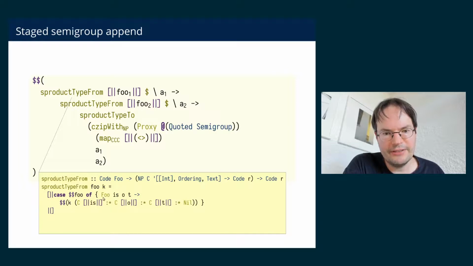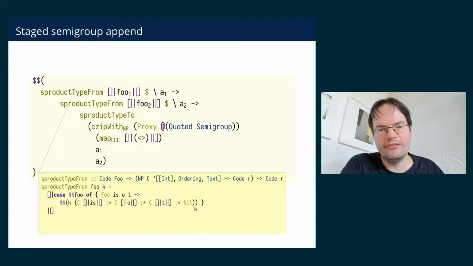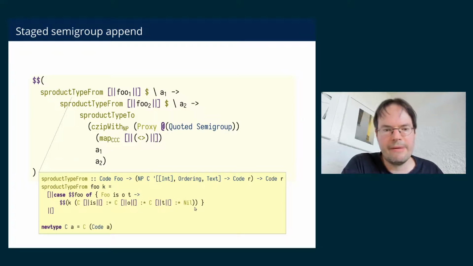And once we've revealed the single option, we can take the continuation, apply it to the representation of our foo value, which is again a product, but now the components of the product are not wrapped in I constructors, but in C constructors, which is just a new type wrapper around code.